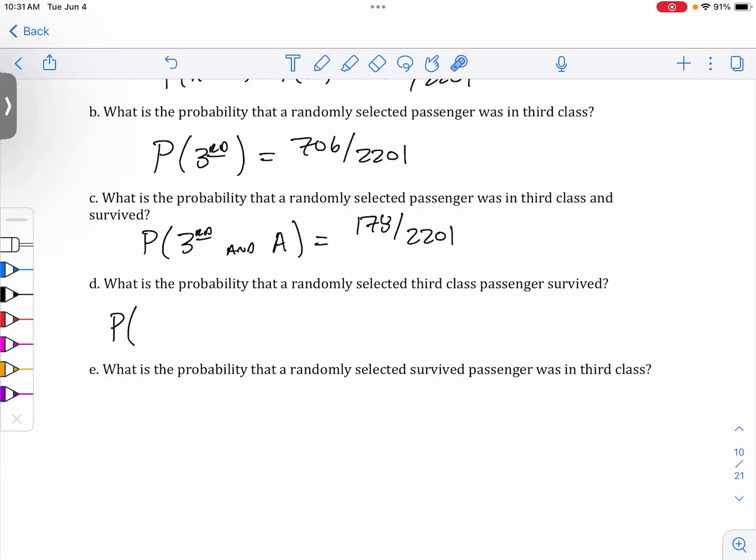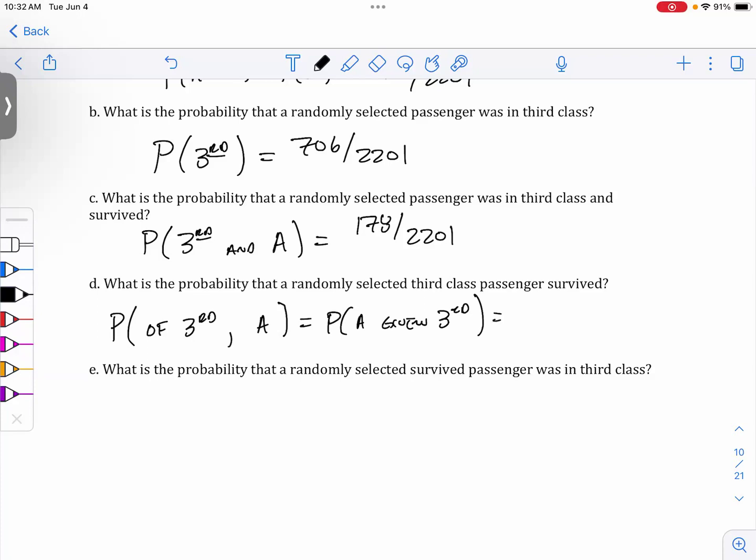That means of third, what's the probability they were alive? And I could also write this as probability of alive given third. And that's typically how we write it.